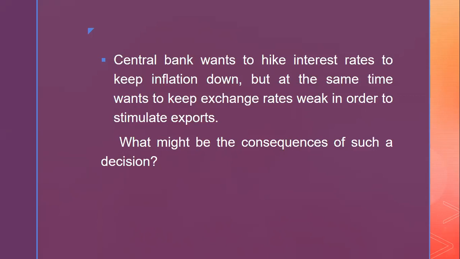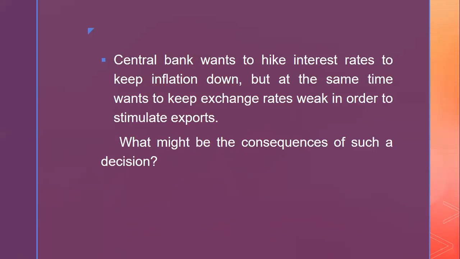Similarly, let's suppose there is large scale foreign exchange intervention without sterilization. We discussed what is meant by sterilization in our previous session, and in the latter part of this session we will again discuss the sterilization process.